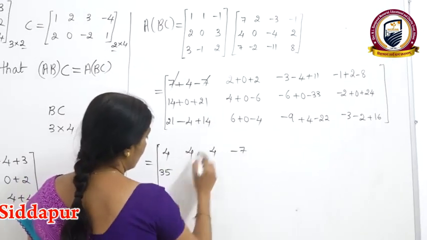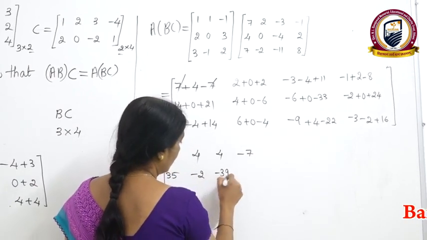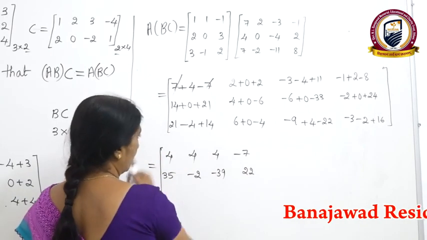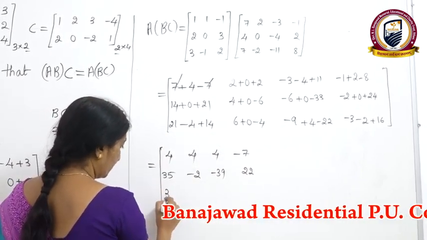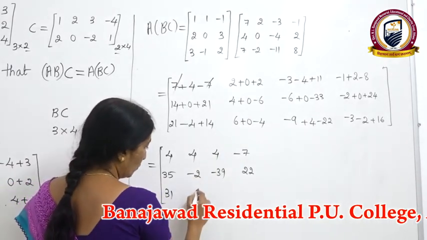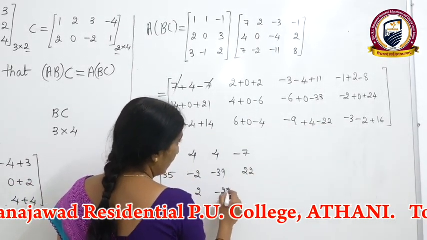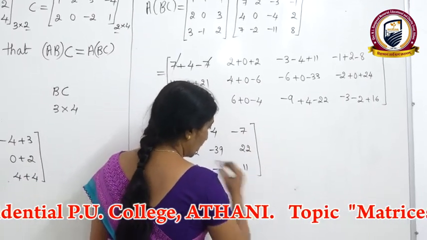This is minus 2. Then this is minus 39. Then 22. Come to the next one. 21 minus 4 plus 14. Then this is 2. Now it is minus 27. And what about this? This is 11.